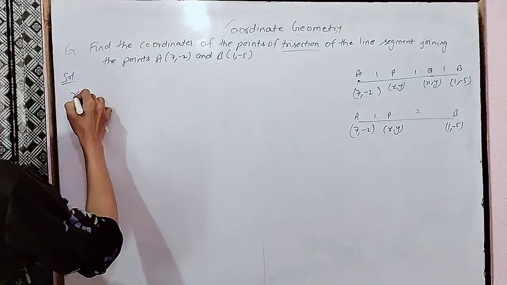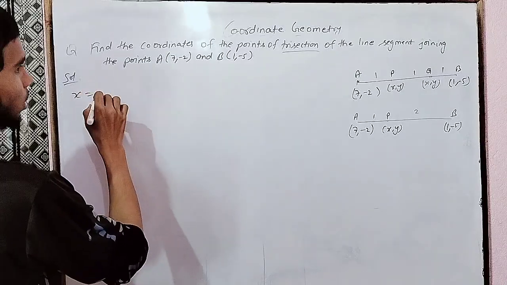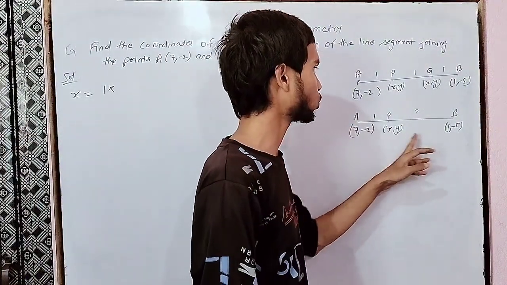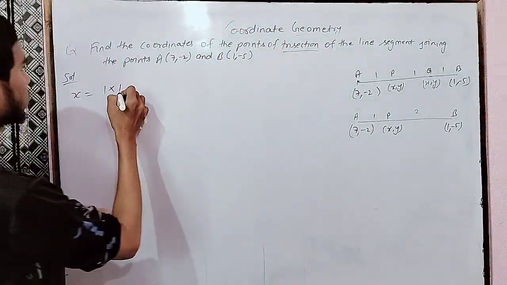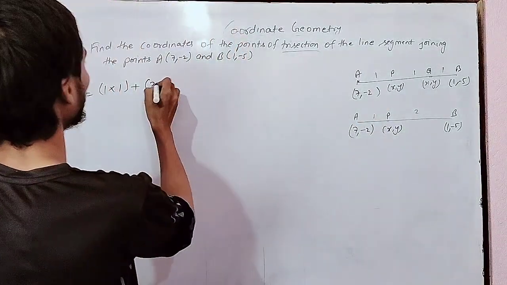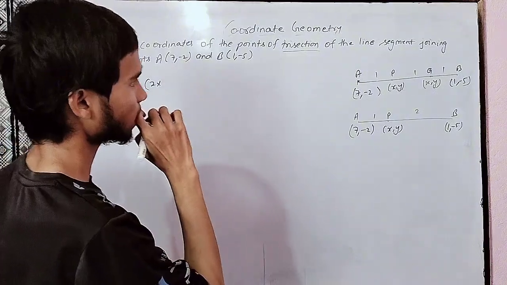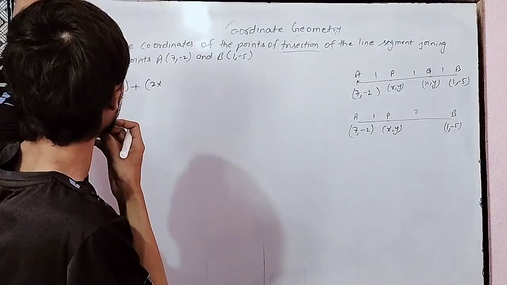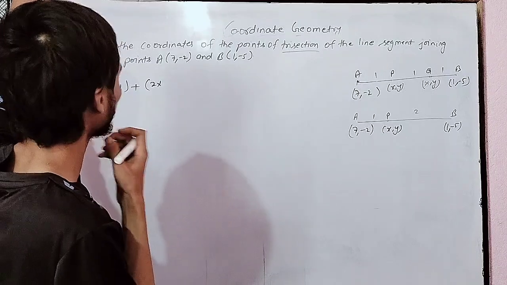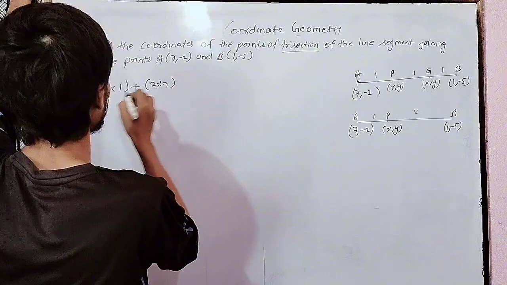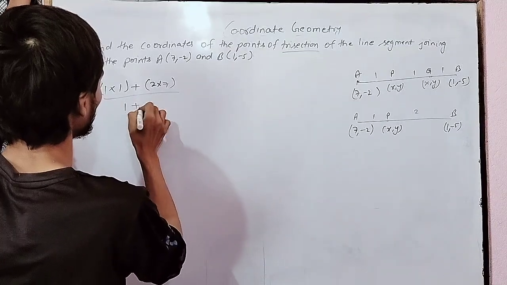So for x: m1 is 1, multiplied by x2 which is 1, plus m2 which is 2, multiplied by x1 which is 7, upon 1 plus 2.